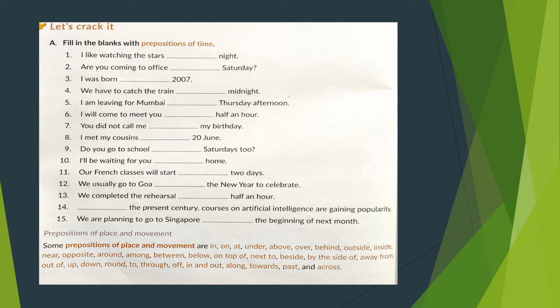Now coming to prepositions of place and movement. The prepositions mentioned here are in, on, at, under, above, over, behind, outside, inside, near, opposite, around, among, between, below, on top of, next to, beside, by the side of, away from, out of, up, down, round, to, through, off, in and out, along, towards, past, and across.